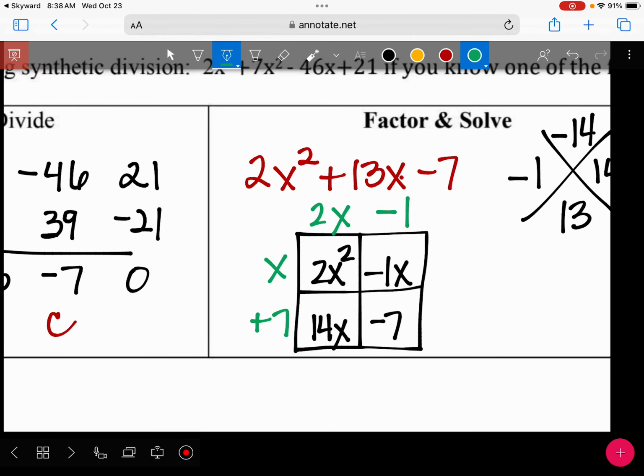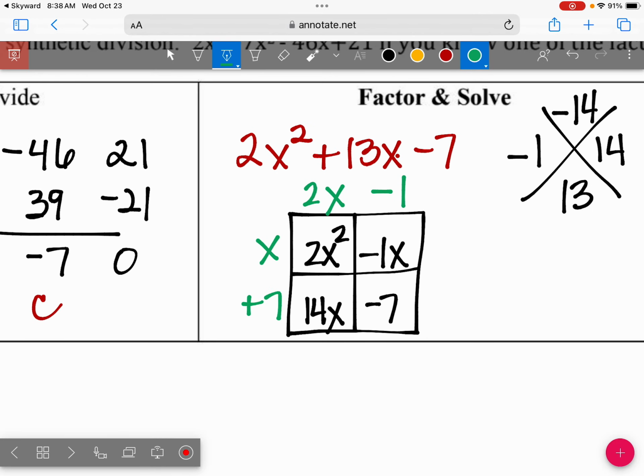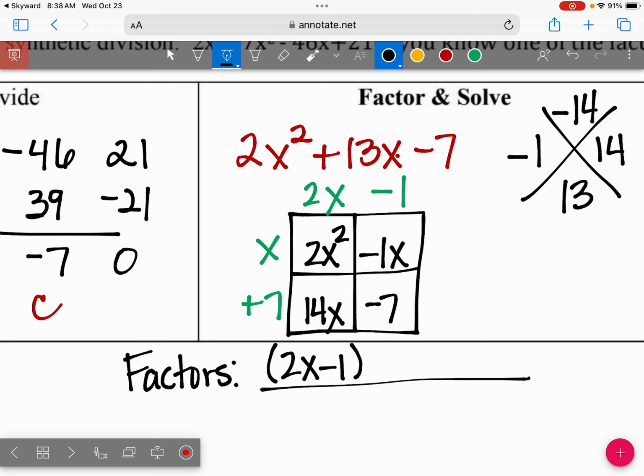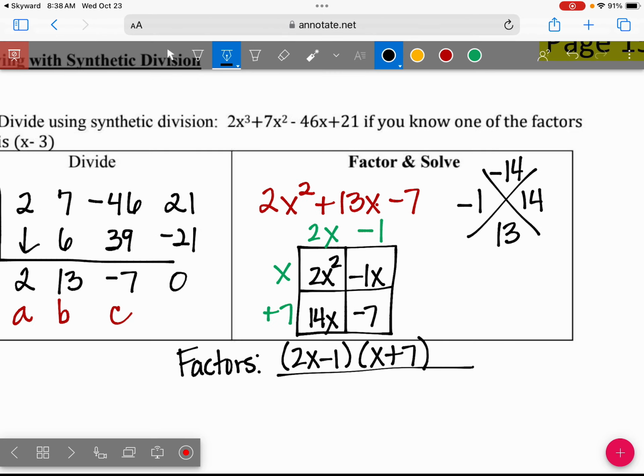So your factors should be 2x minus 1 and x plus 7. So your three factors are 2x minus 1, x plus 7, and then what was the one they gave us? x minus 3.